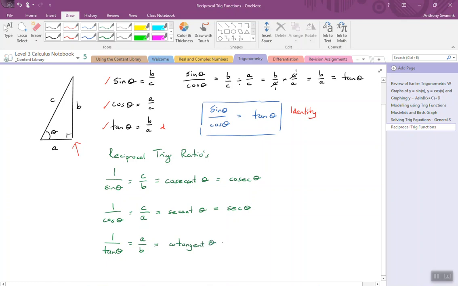Cotangent of our angle is abbreviated to cot of the angle. So these are known as the reciprocal trig ratios: cosecant, secant, and cotangent.